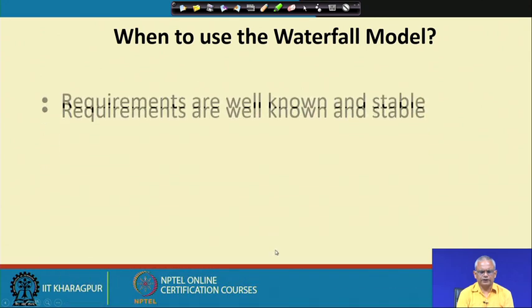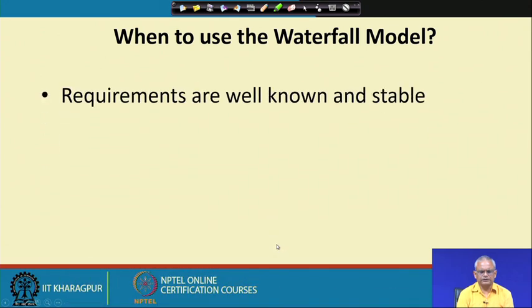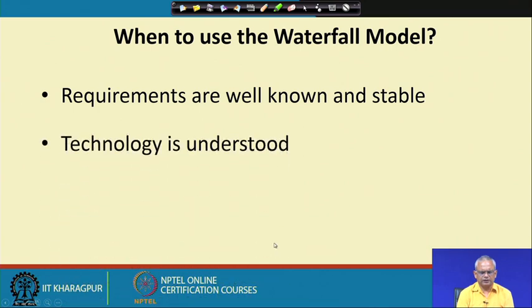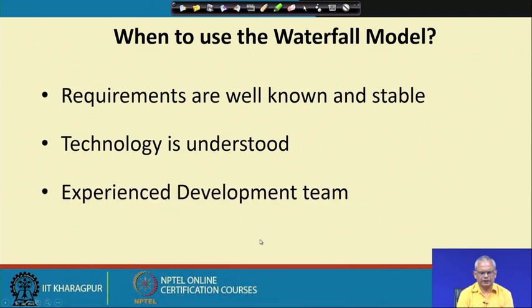The waterfall model is used now also for projects which are well known. The development team is very familiar with this kind of project, they have done many projects, the requirements are known and stable, the technology is understood, the developers have done this many times, and they are experienced in developing this kind of project.